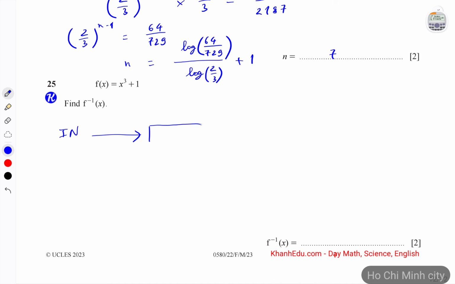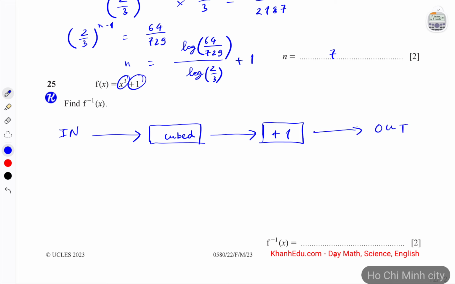It goes to the function that is cube, and then it goes to another one, add 1. First we cube the x, and then we add 1, and then we have the output.